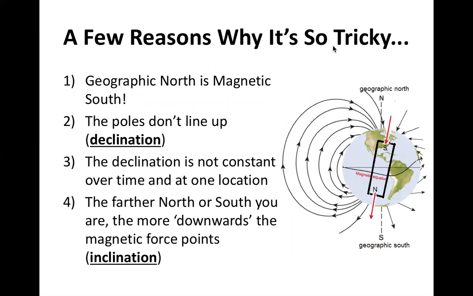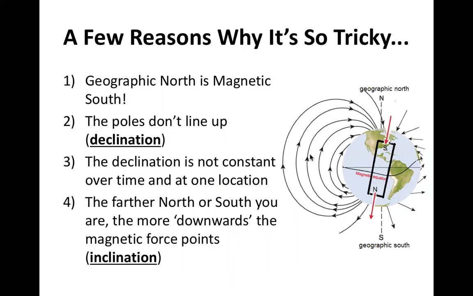A few reasons why these are kind of complicated is because Earth's geographic north is the magnetic south. So you might say, well, if I put a compass here, you said that a compass will point in the direction that the north side of the compass points. So if the tip of the compass needle is north, why is it pointing to the North Pole if like charges repel?